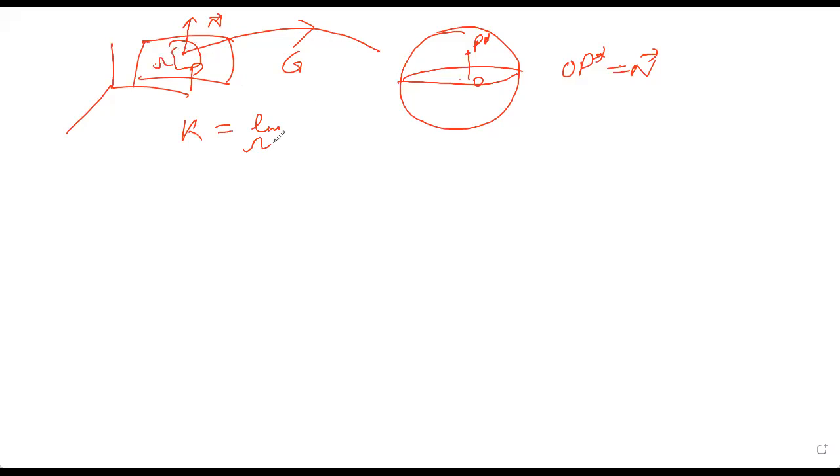If this region is tending towards P, if this region is shrinking, then the area of omega star, where omega star is the area in the image domain, divided by area of omega. This was your Gaussian curvature, and we just calculated the expression for this Gaussian curvature, which was coming B upon G.